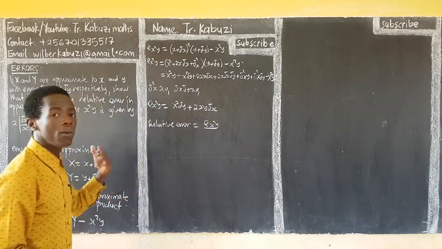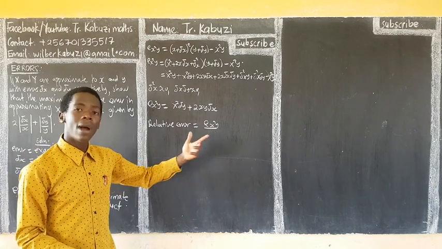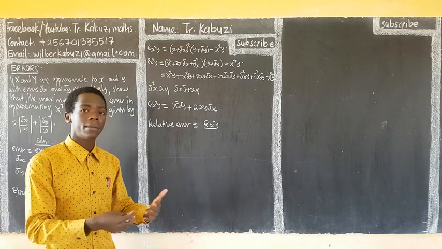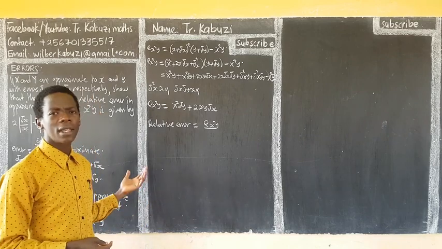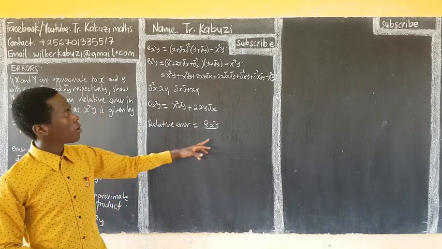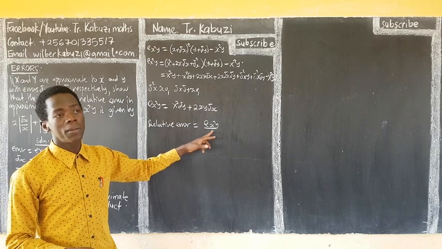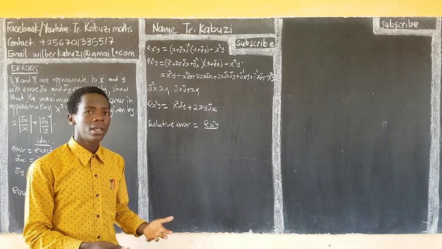Here we are dividing with the approximate value. Why? Because we are always given the approximate value. If we knew the exact value, there would be no need of giving us an approximate value. So we always divide with the approximate values because they are the ones we know.